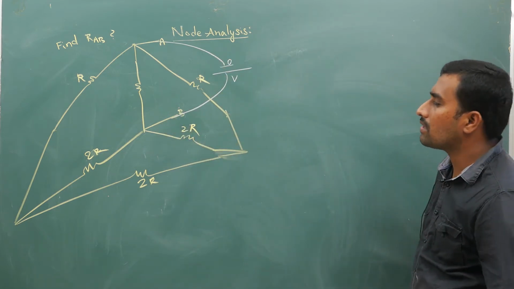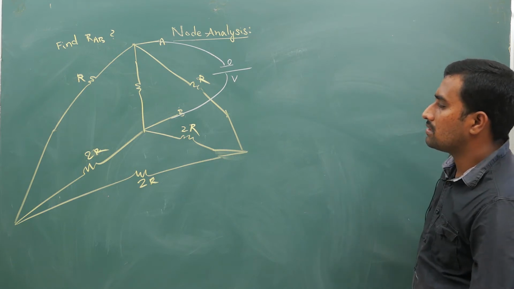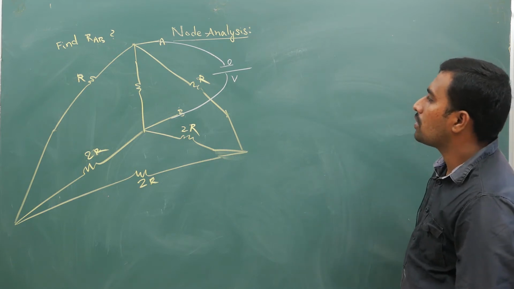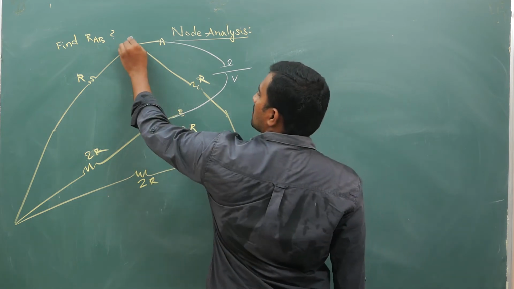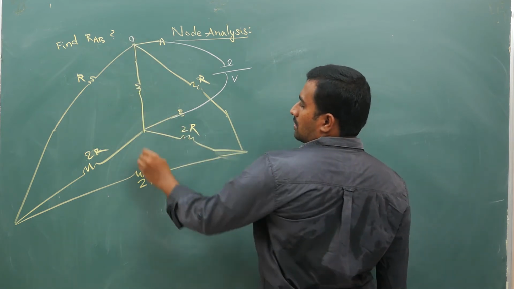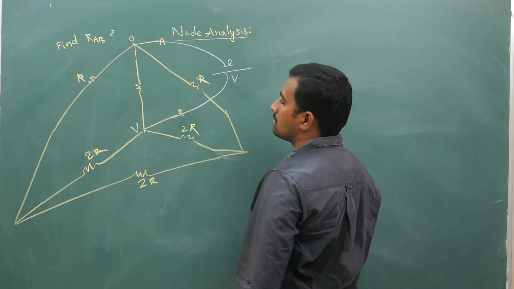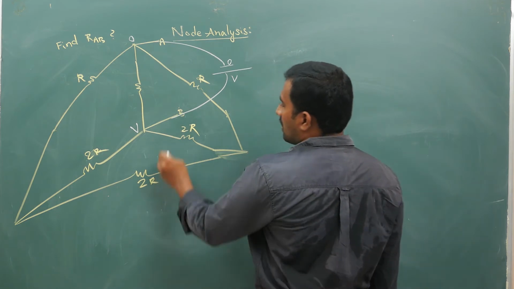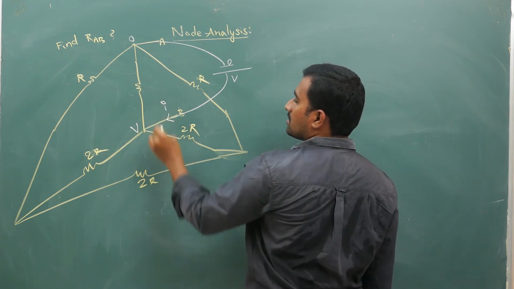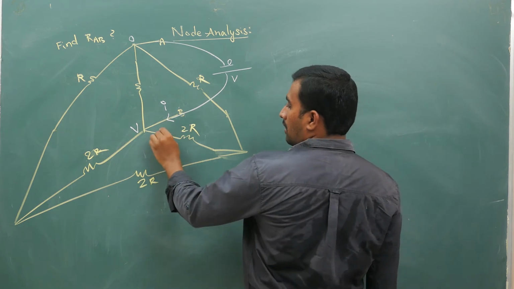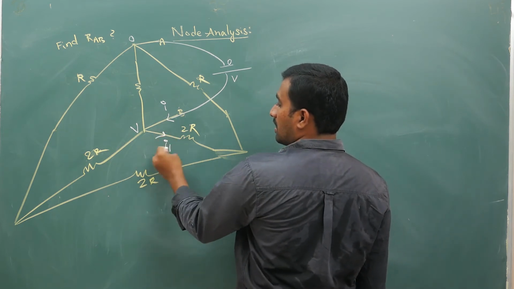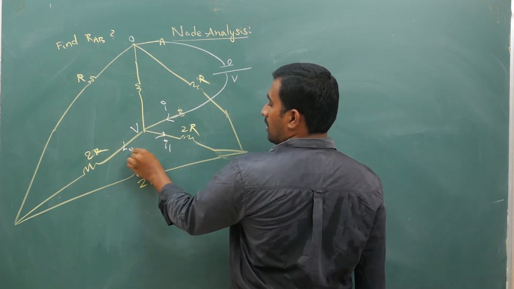Now even here you cannot directly identify a series-parallel combination. So this part is indirectly 0 volt, this part is V volt. Now current I will enter and split into two parts, I1 and I2 here.